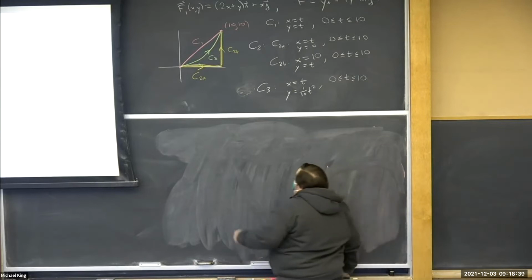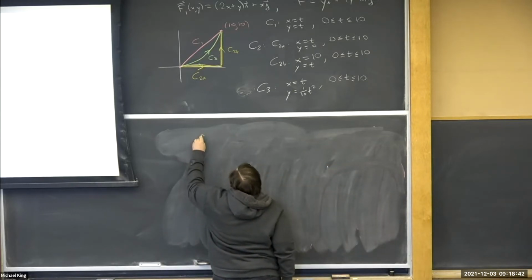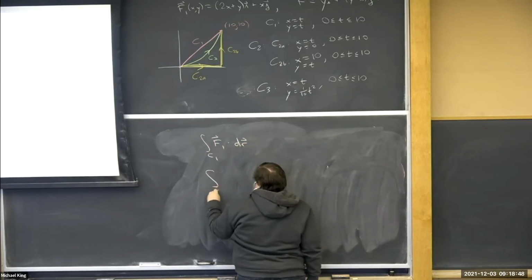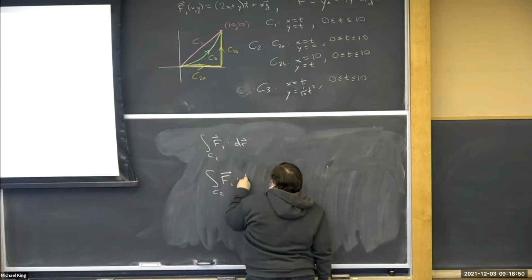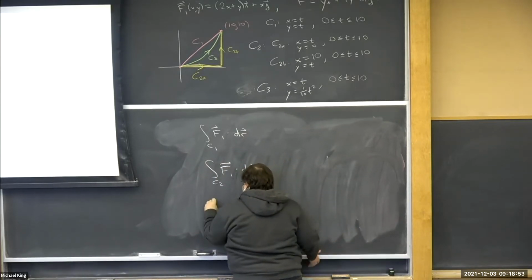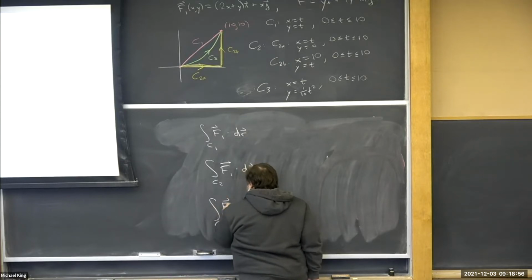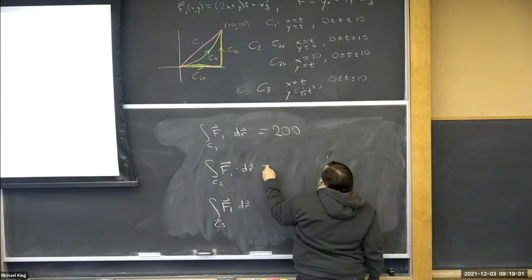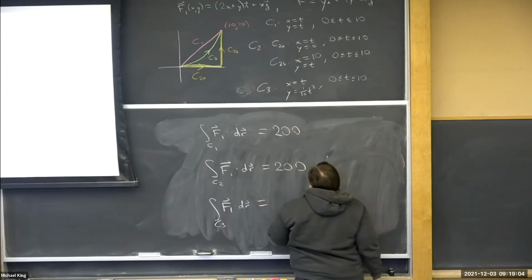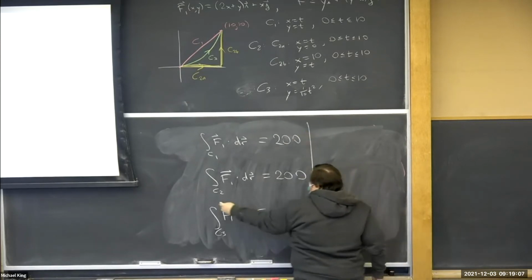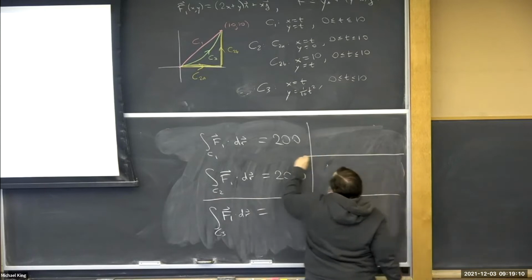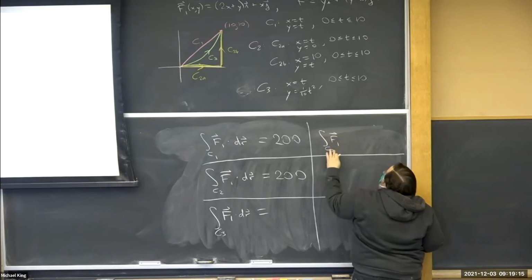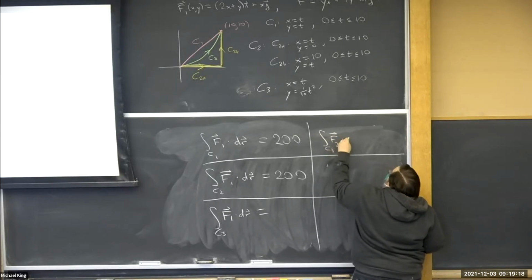So we did the integral over C1 of F1, the integral over C2, and the integral along C3 of F1 dot dr. You guys already computed both of these and you found 200, right? So I want us just to compute all of these. Then the integral over C1 of F2, so the second vector field.